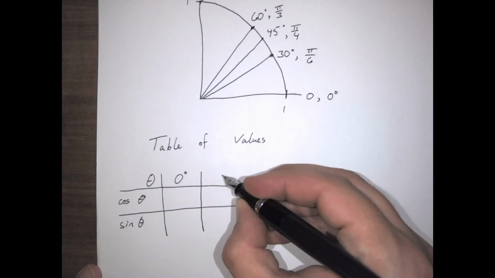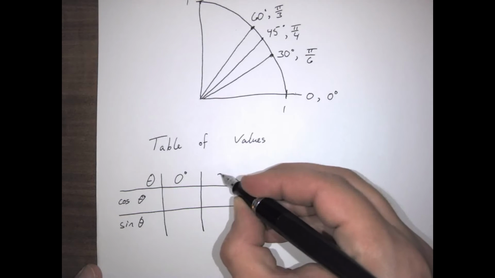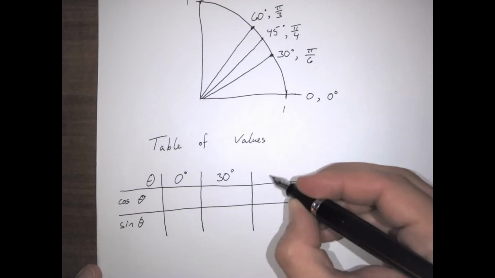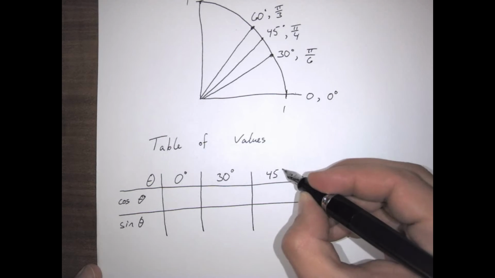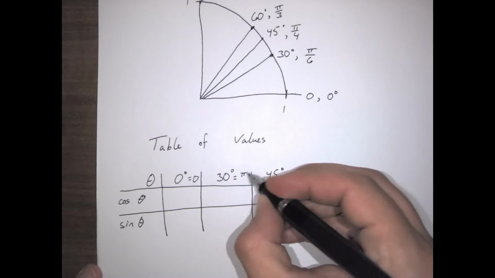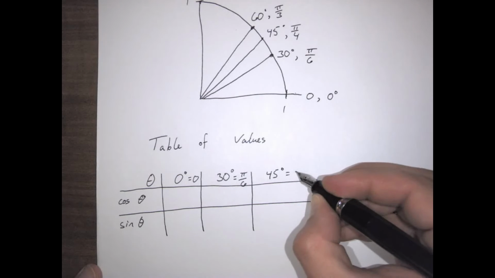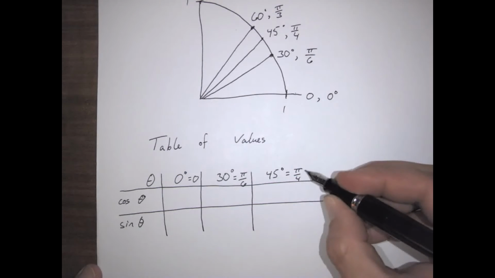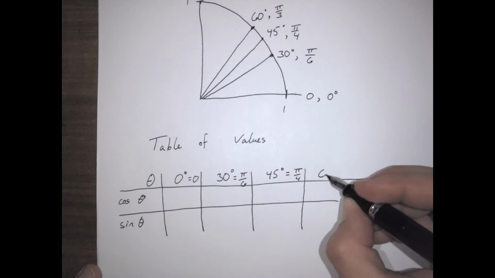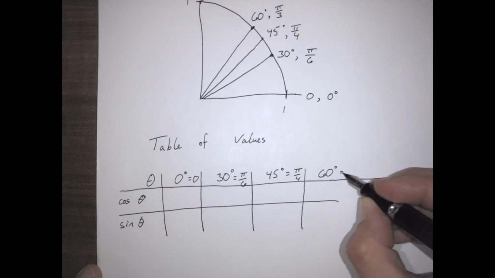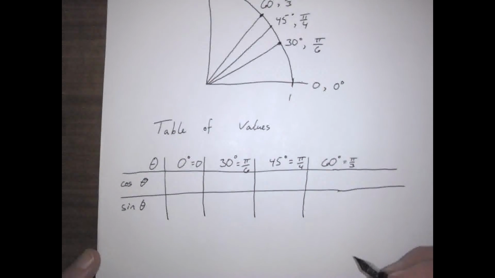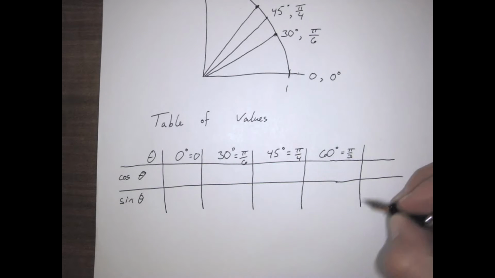So the familiar values here are going to be 0 degrees, 30 degrees, 45 degrees, 60 degrees, and finally 90 degrees.